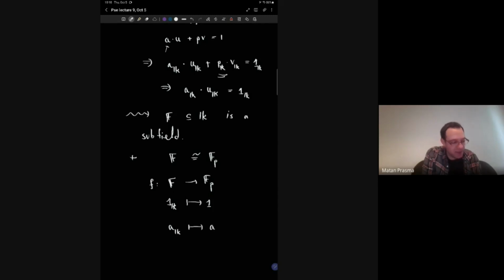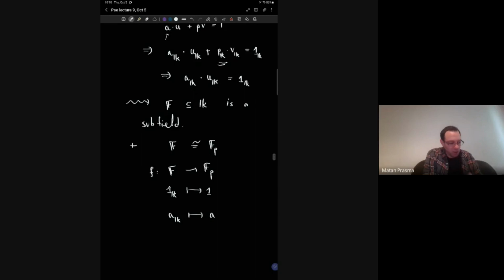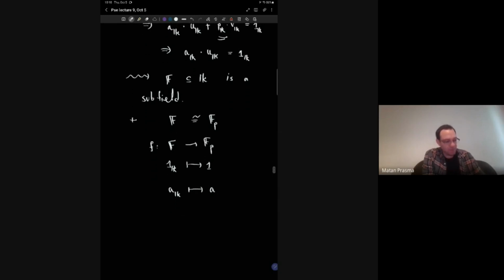And this is a homomorphism because it respects addition and multiplication, and it's clearly a one-to-one map, because I have exactly the same number of elements on each side, and I'm doing a one-to-one correspondence. So in fact, this is an isomorphism of fields. And the corollary of all this is that a field of characteristic P contains an isomorphic copy of Fp. Is this clear?